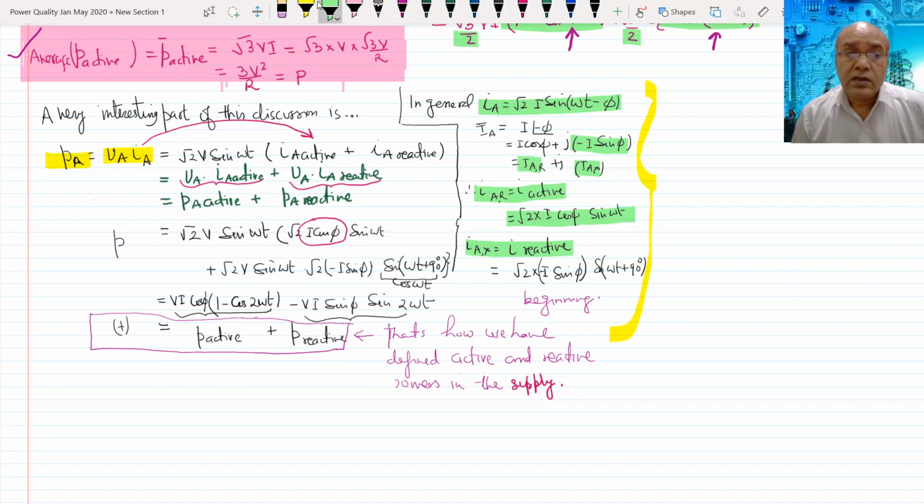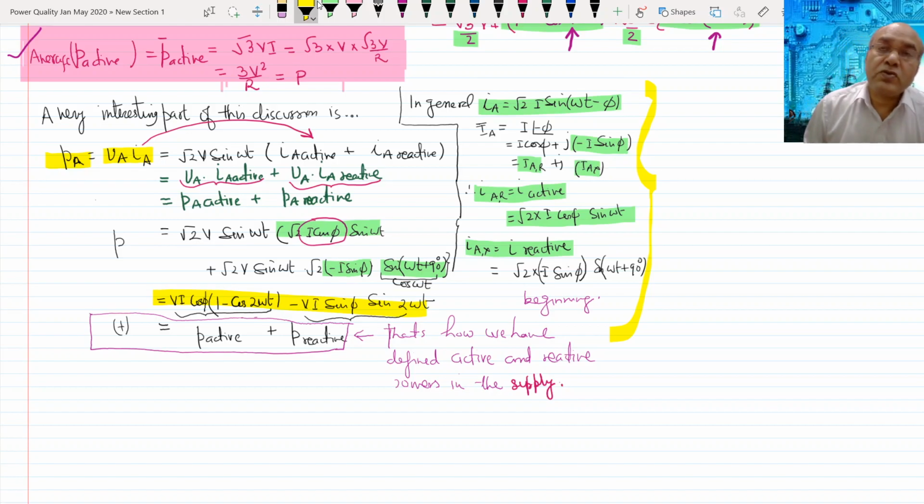Okay. Now, if we substitute these brackets here for any general current expression, then you will see this becomes root 2 I cos phi sin omega t, and this is root 2 minus I sin omega t plus phi. You multiply them back, then we will get these expressions. And what are these?